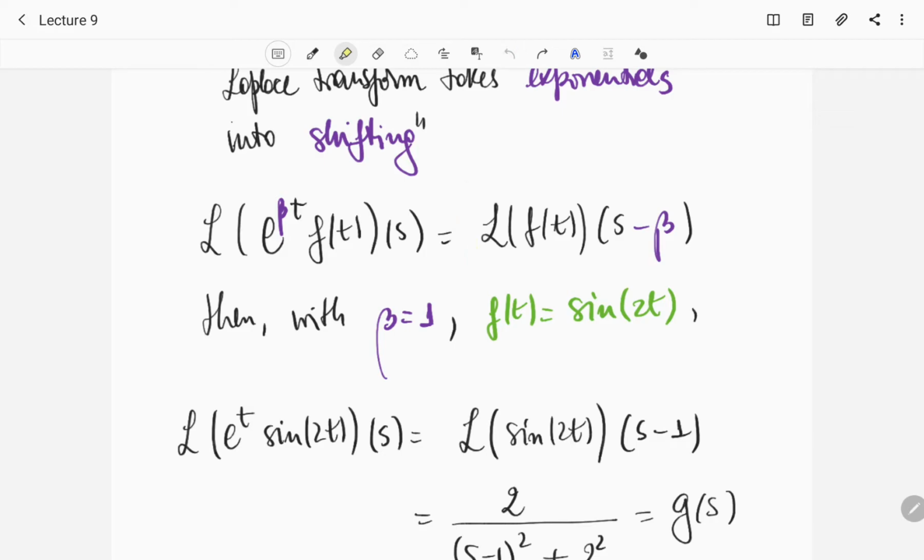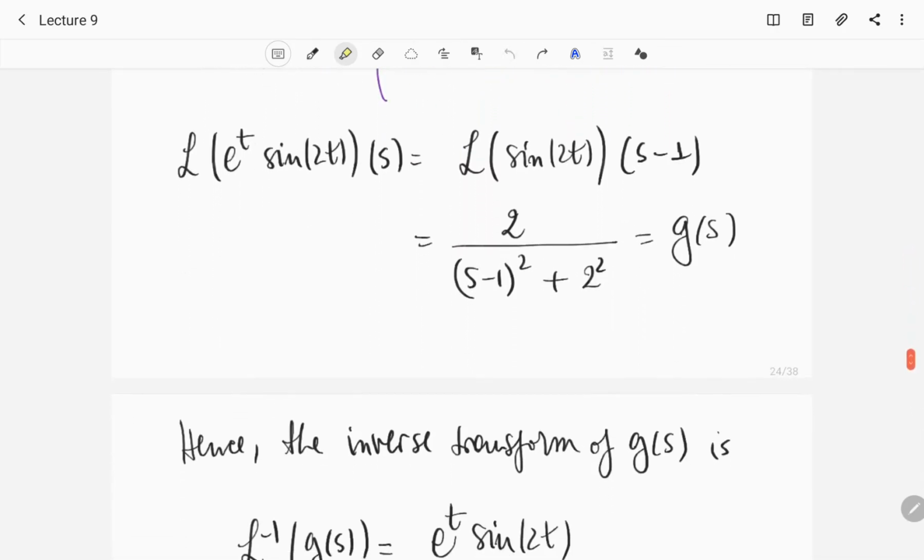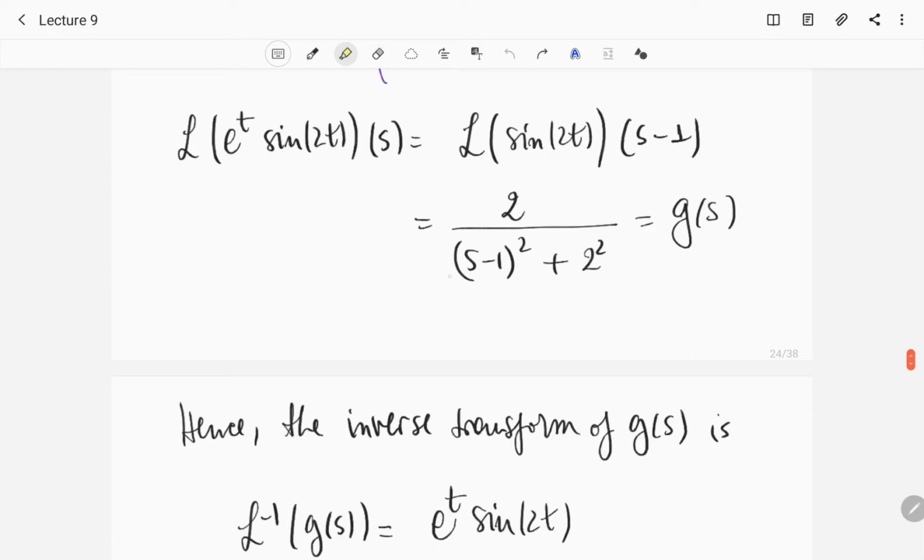And if we take f equal to sine of 2t, we will get exactly this expression here, which means, from what we saw in the second part, and we recalled at the beginning of this exercise, we get exactly our g of s, 2 over s minus 1 squared plus 4.